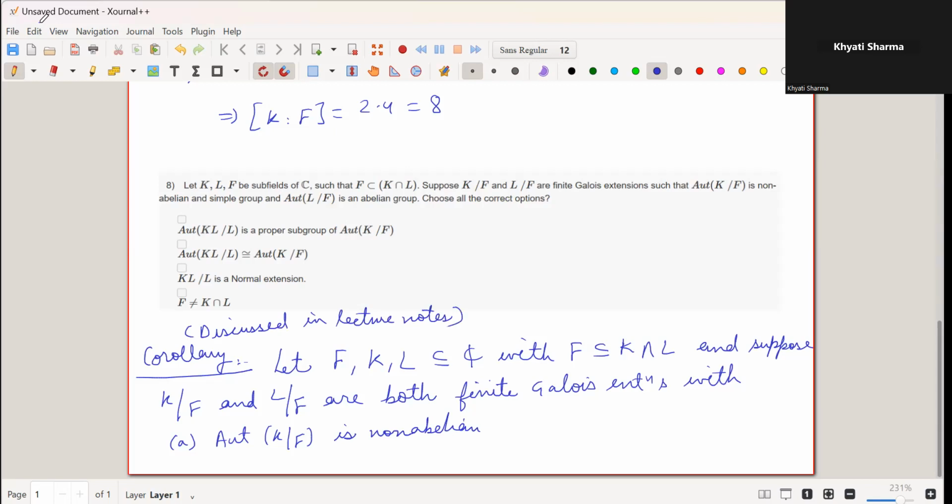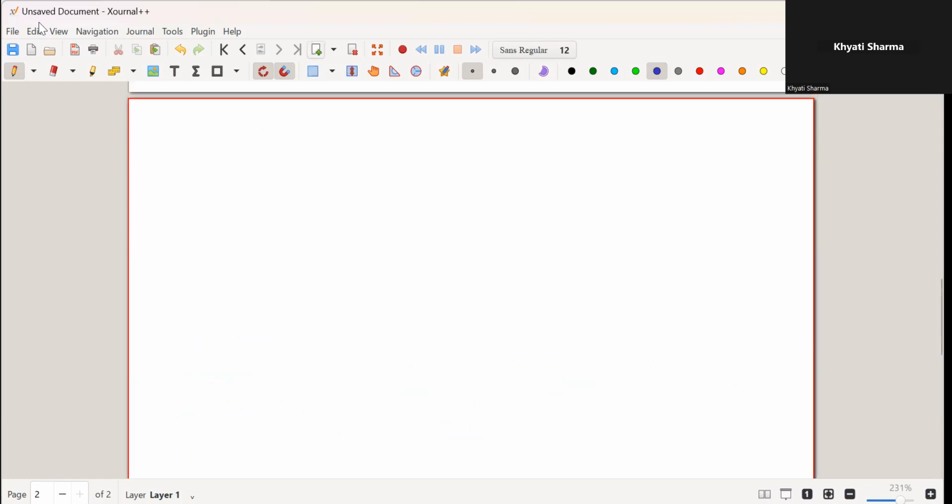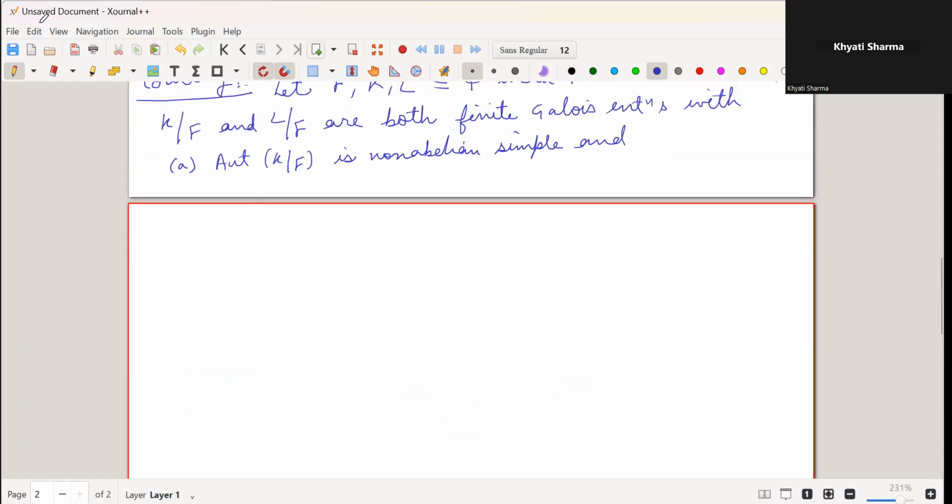Okay. So K over F is non-abelian simple, and the automorphism group of L over F is abelian.